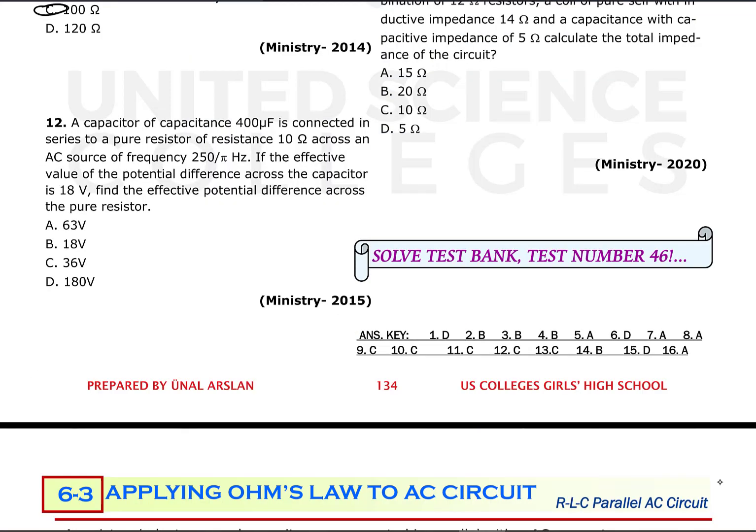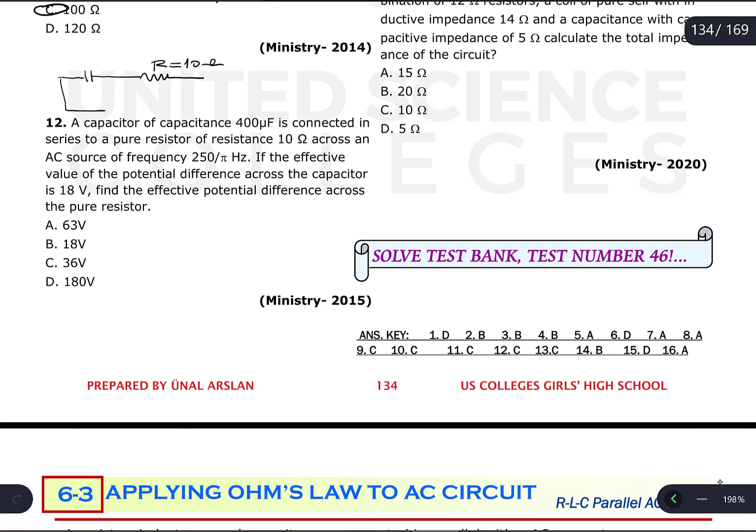And question number 12. A capacitor of capacitance 400 microfarad is connected in series with a pure resistor of resistance 10 ohm. So let's connect the circuit. There is a capacitor, and this capacitor is connected in series with a pure resistor of 10 ohm. Connect this across a source of frequency 250 divided by pi.